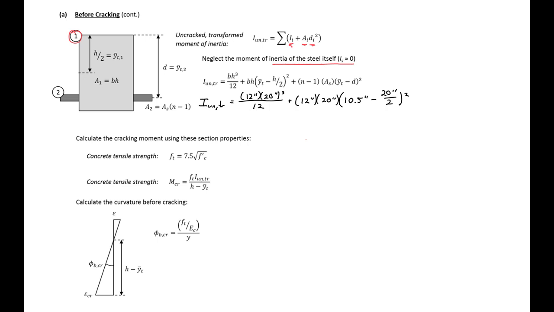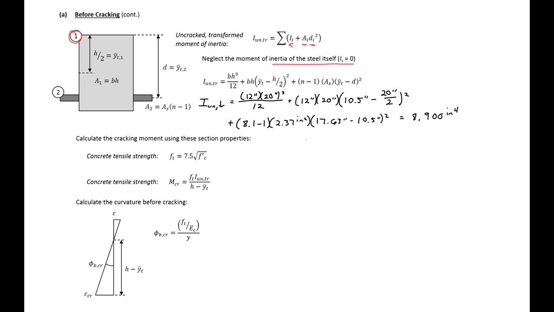Then we need to add in our n minus 1, so 8.1 minus 1 times 2.37 times the distance between the centroid of our steel and the overall centroid of our section, so 17.63 minus 10.5 squared, which will give us an I uncracked transformed of 8,900 inches to the fourth.